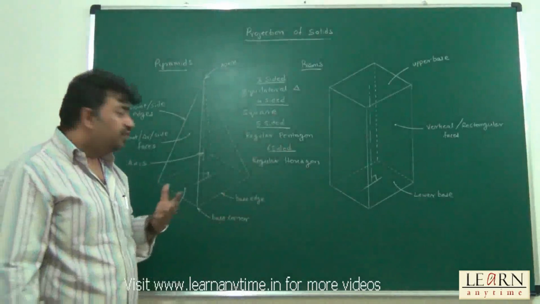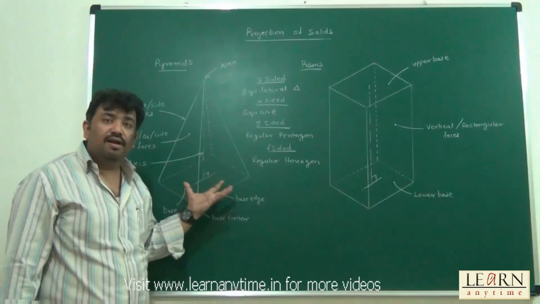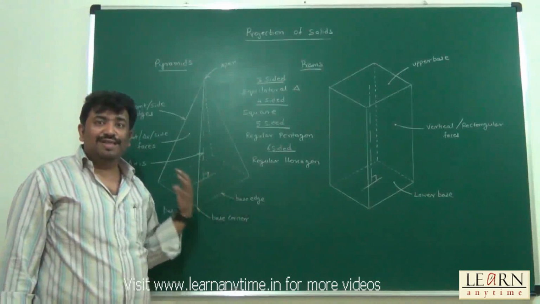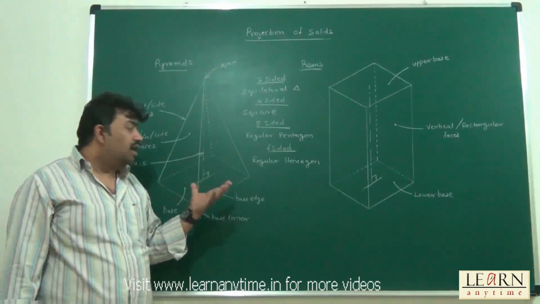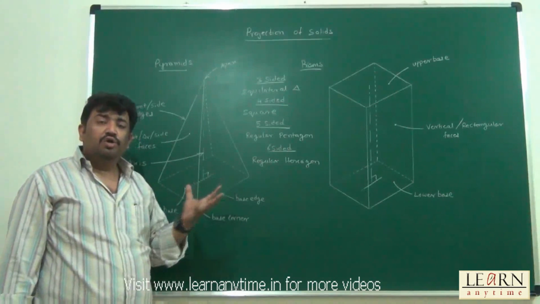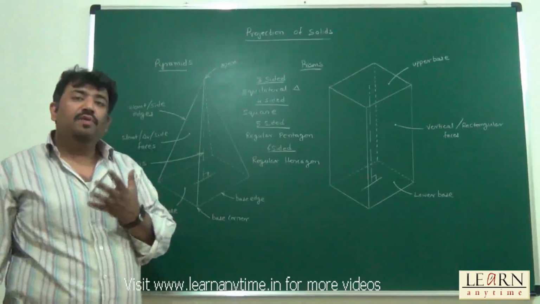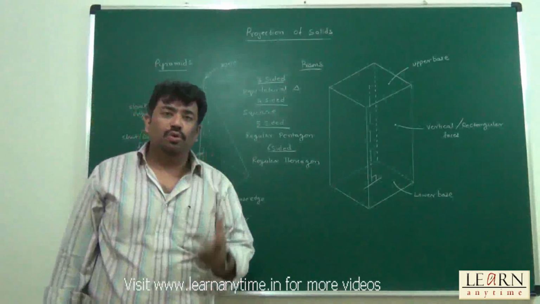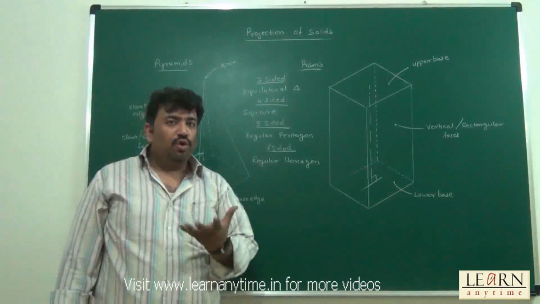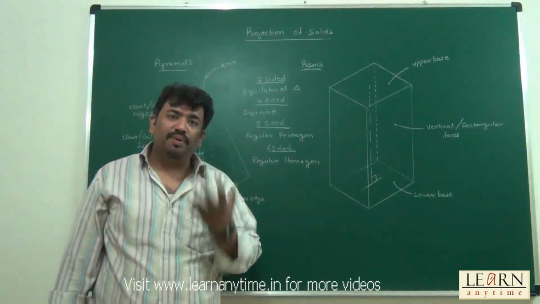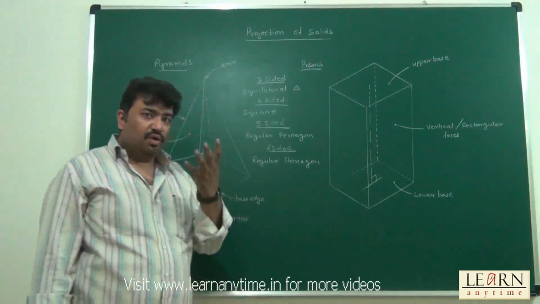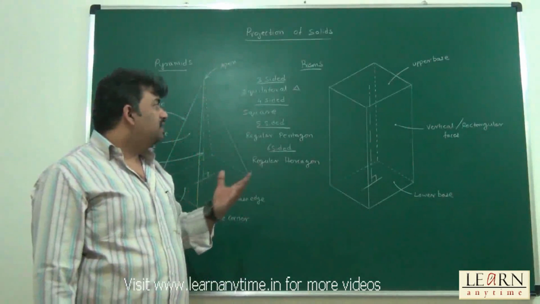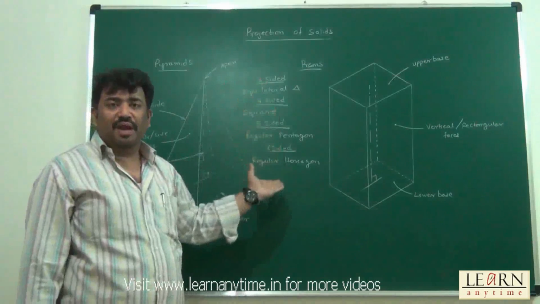But suppose the shape of the base is a circle, it's not a sided shape, it does not have corners. A circular pyramid we popularly call a cone. Cone is basically a circular pyramid. But a cone is very much different from other types of pyramids.